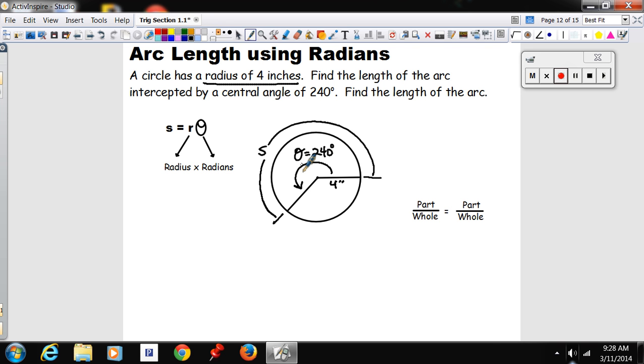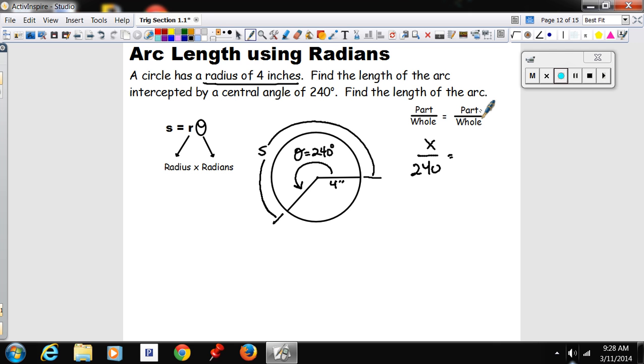Now I did show you how to do this in geometry. I don't know if you remember this little proportion, but we used it in geometry. We said that the part that we're looking for was the part of the circle. I don't know what that is. That's what I'm trying to figure out. The part of the degrees was 240.